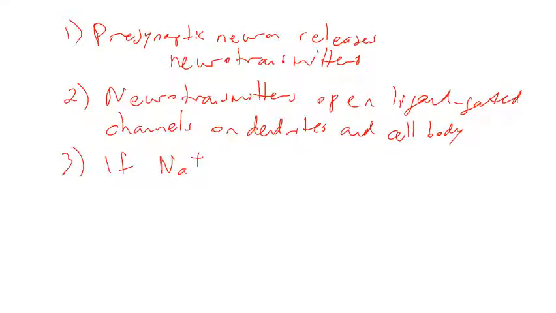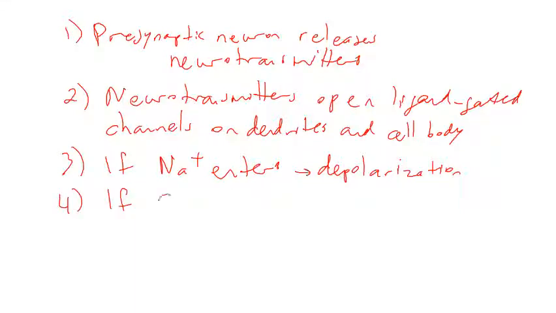If sodium enters, and sodium has the positive charge, this is called depolarization, a type of graded potential that becomes more positive. But if chlorine enters, and it could also be that potassium leaves, that makes the inside more negative, and that's called hyperpolarization.